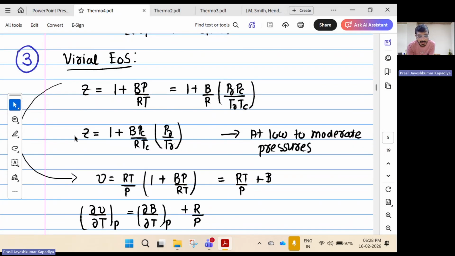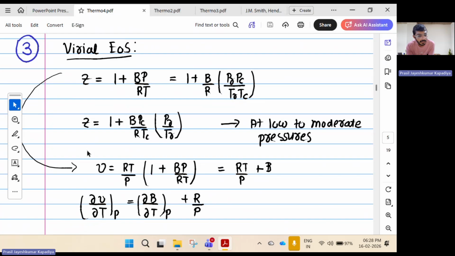Again, Z is PV by RT, and this is for low to moderate pressure because we are only considering terms up to B. If I replace Z with PV by RT, my V will be equal to RT by P into 1 plus BP by RT, that is nothing but RT by P plus B.